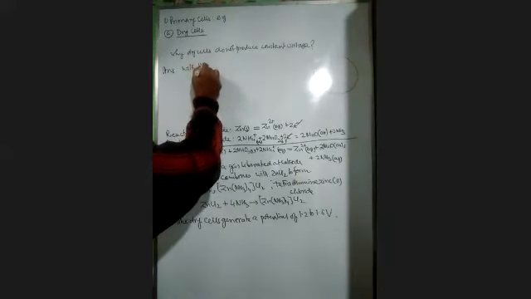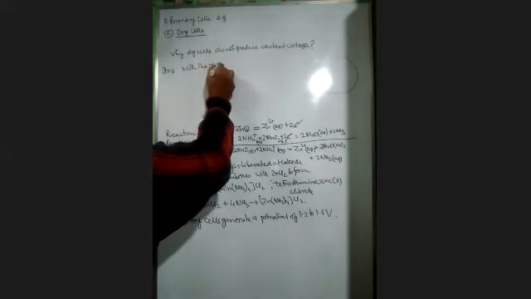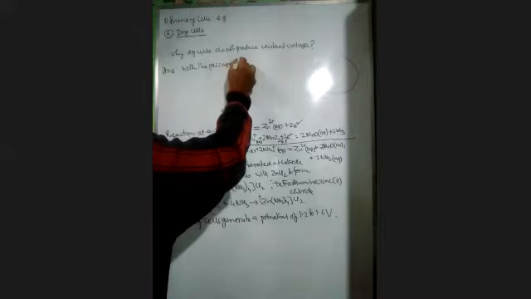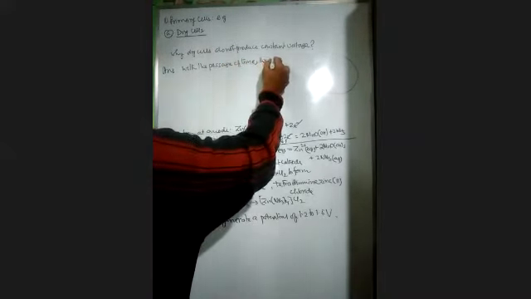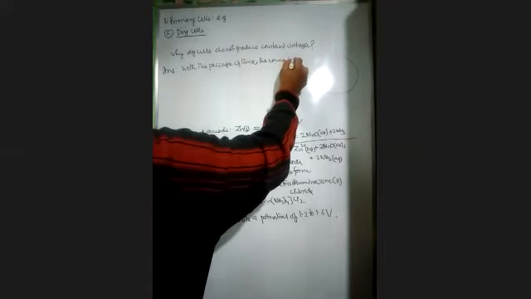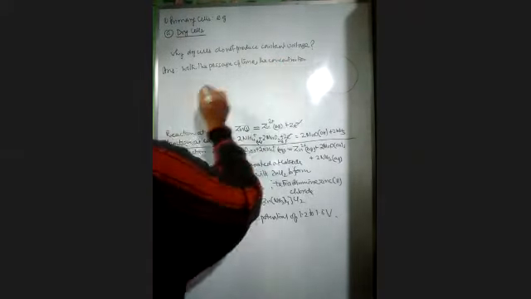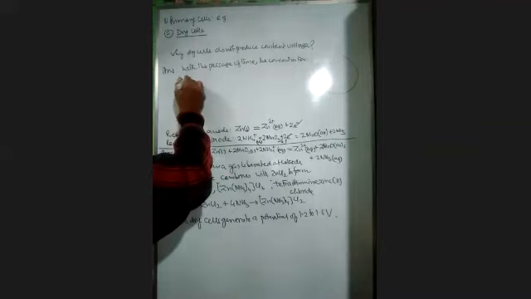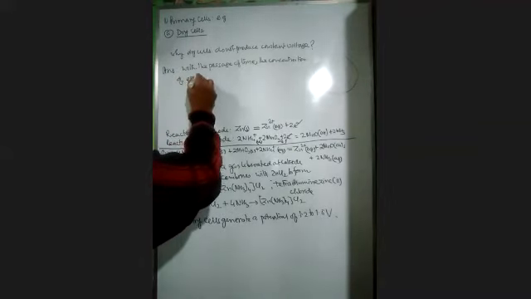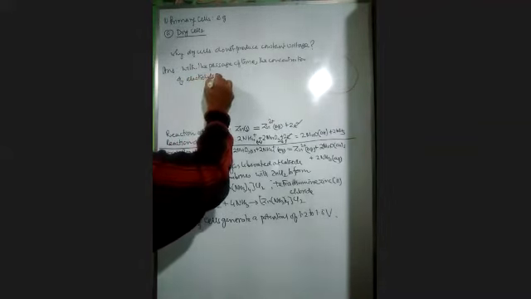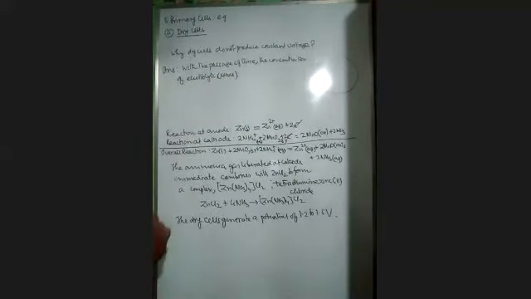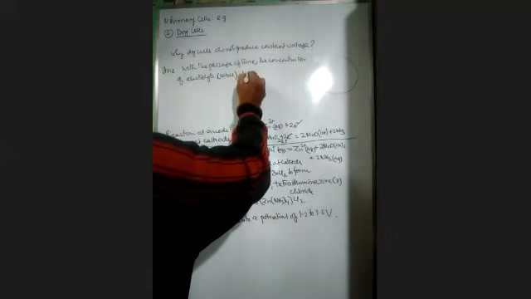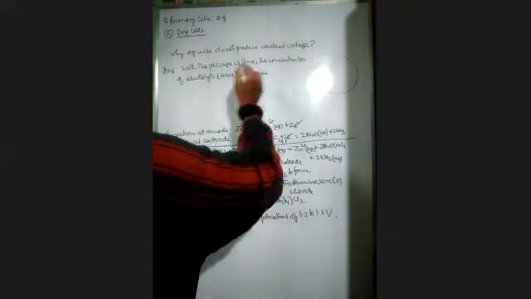With the passage of time, the concentration of electrolyte, inside there we write ammonium chloride, decreases.